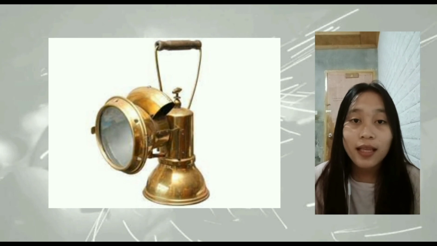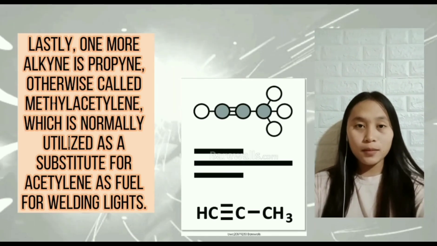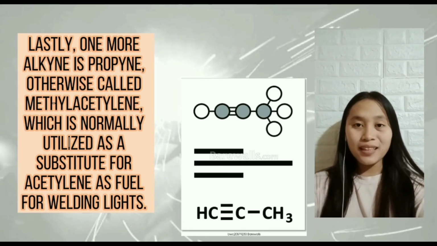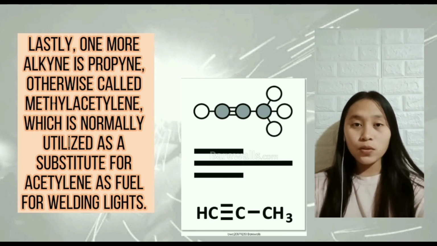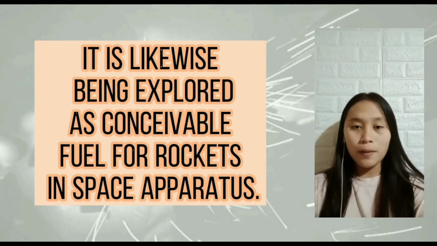Have you ever heard of an acetylene torch? This kind of torch is used to cut and weld steel, and it uses acetylene as fuel. Lastly, one more alkyne is propyne, also known as methylacetylene, which is commonly used as a substitute for acetylene as fuel for welding torches. It is also being researched as a consumable fuel for rocket spacecraft.